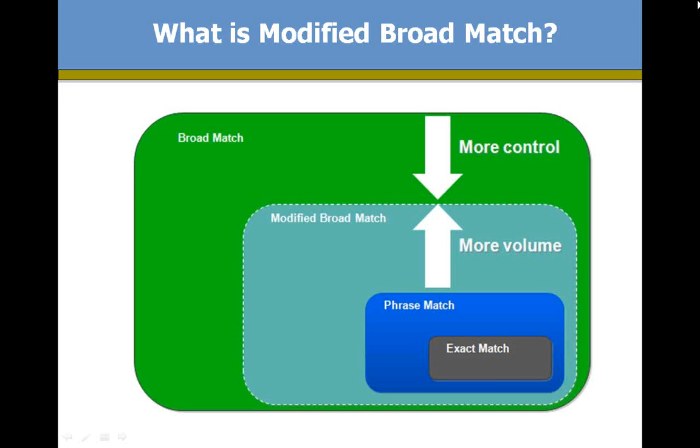The broad match modifier, or modified broad match, is a new AdWords targeting feature that was released in mid-July, so it's only been out about a month, and it narrows the range of searches that are triggered by a broad match keyword. For those of us who have been in this business for a while, this new modified broad match is the broad match the way it used to be.